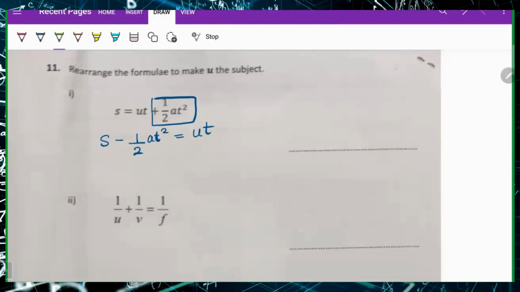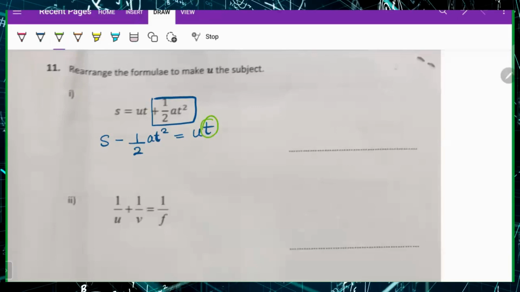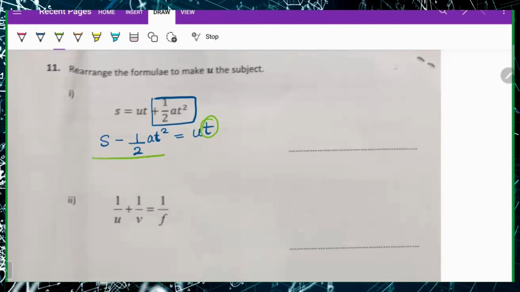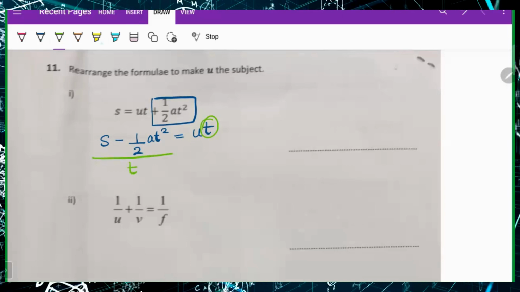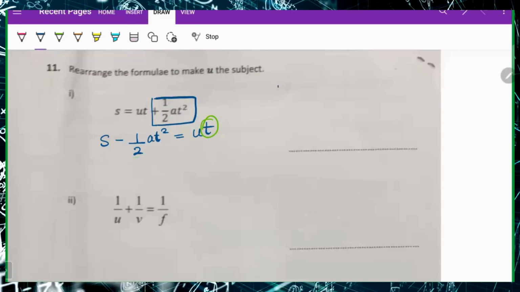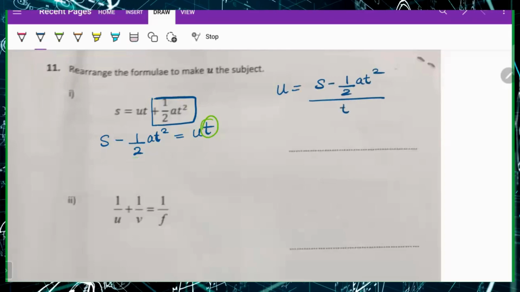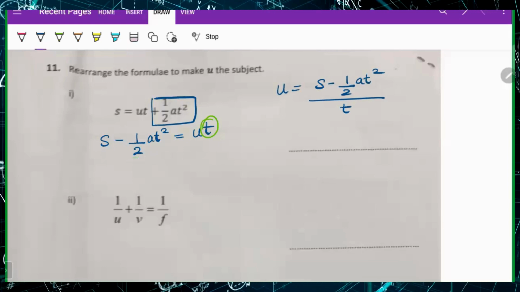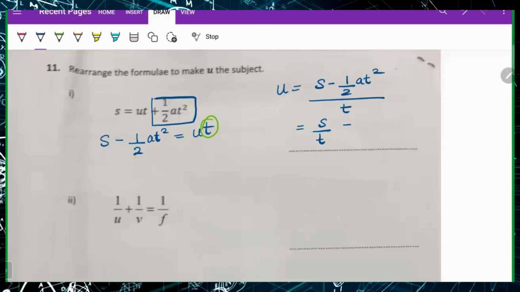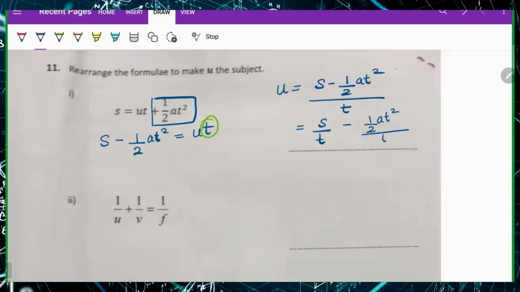So I will keep u alone, and the t which is there in the form of multiplication goes to the other side, becomes division, right? So this is going to be the whole upon t. Now this will be s upon t minus half a t square upon t.